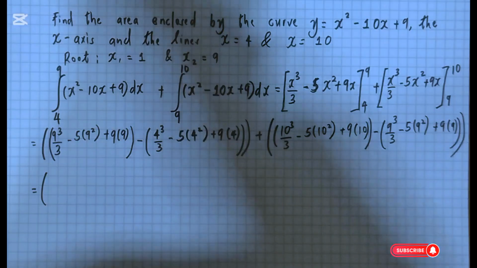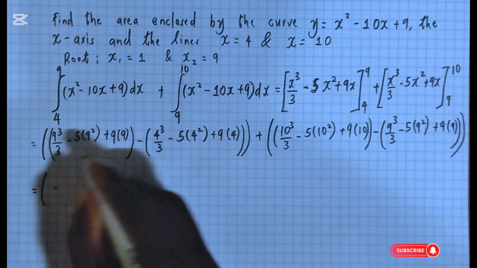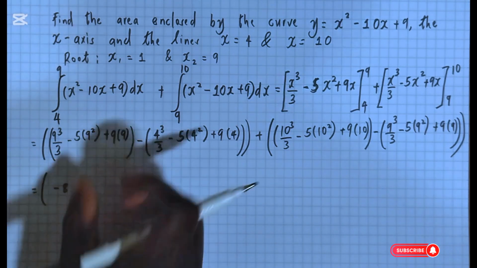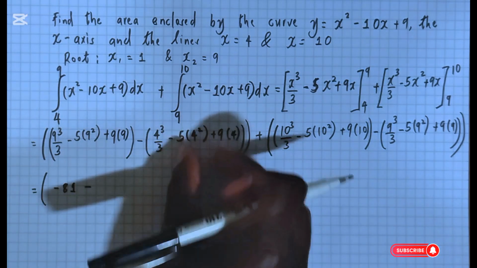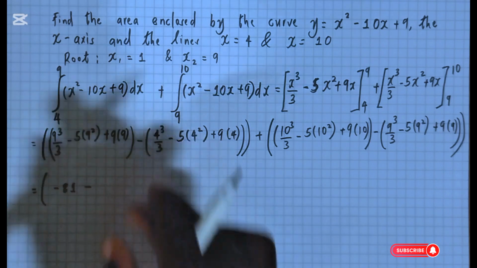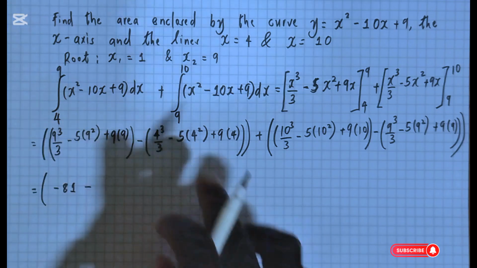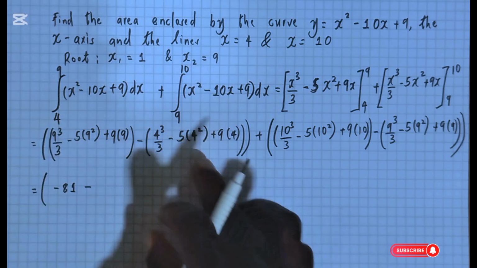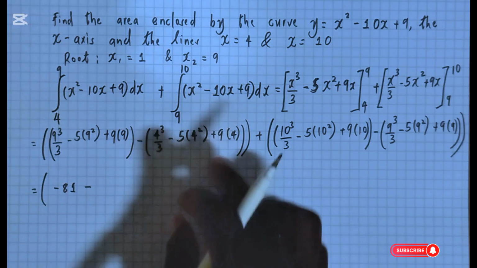Let me make sure. Yes, the first bracket here will give you negative 81. That's for the first bracket. And so it's supposed to be negative 81 minus whatever we'll have in the second bracket. In the second bracket, we are having 4 cubed divided by 3, minus 5 into 4 squared, plus 9 into 4.